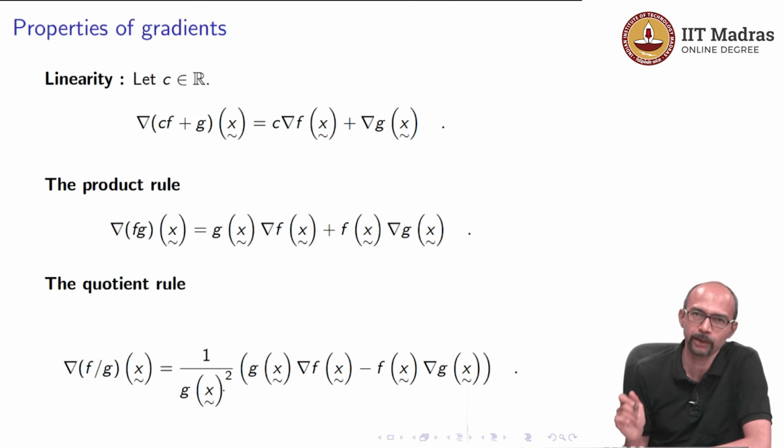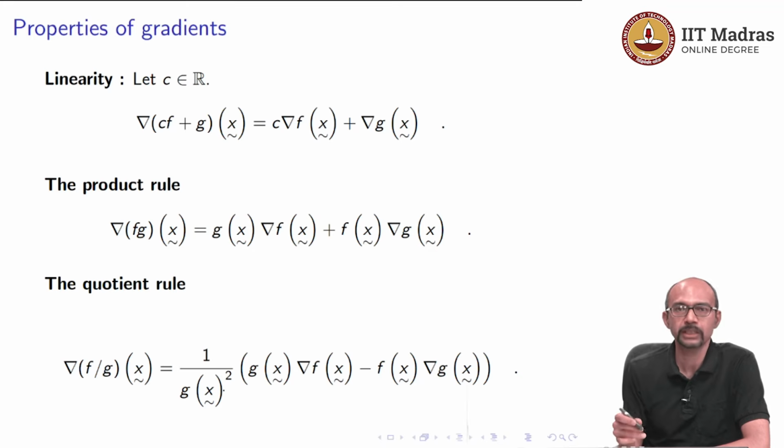The main point I want to make here is that yes, we need some hypothesis, but this looks very similar to the rules we had for derivatives in one variable calculus. When we had one variable calculus, we said derivative of c f plus g is c times derivative of f plus derivative of g.